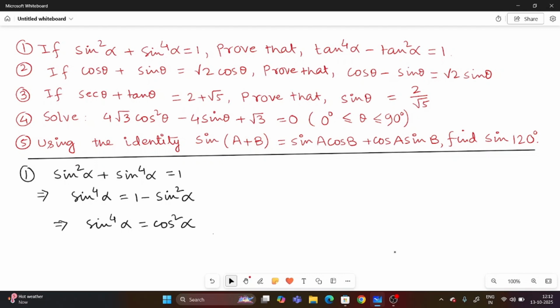Now we have to prove a relation that tan to the power 4 alpha minus tan square alpha is equal to 1. So start from the left hand side, tan to the power 4 alpha minus tan square alpha.